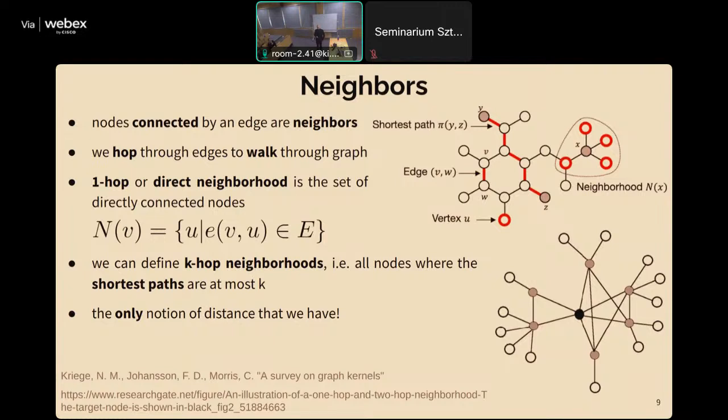This is also very useful in machine learning, where you define the neighborhood around the node, but it's not only the nodes directly connected to it, but also nodes connected to those directly connected nodes. So you just hop through those edges from the starting node k times, and where you go is the k-hop neighborhood. So this is basically the set of all nodes where shortest paths are at most k. Also, shortest paths will be pretty important in a while.